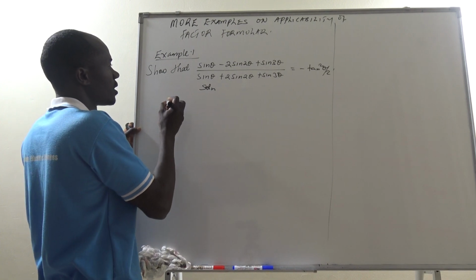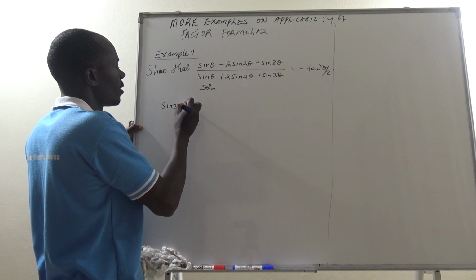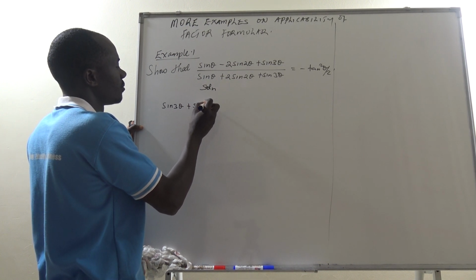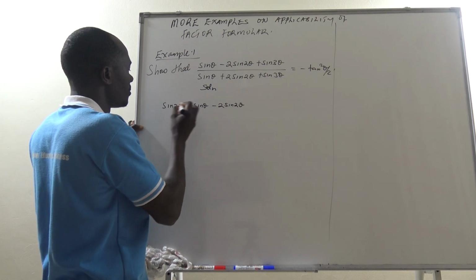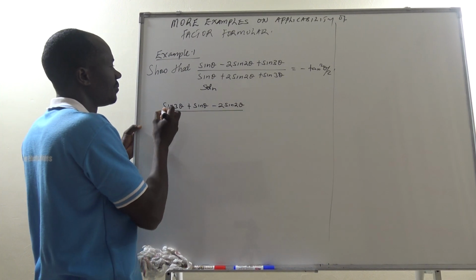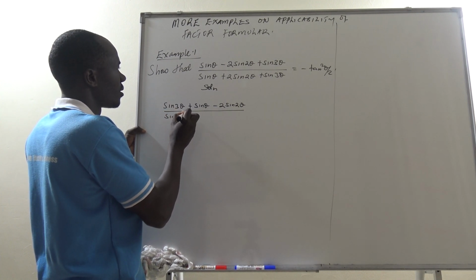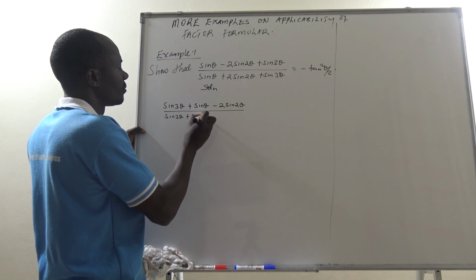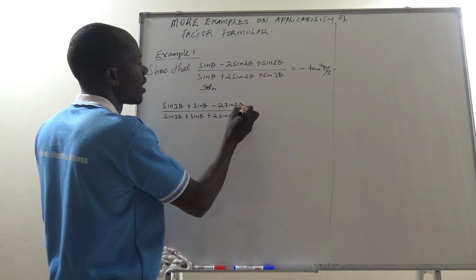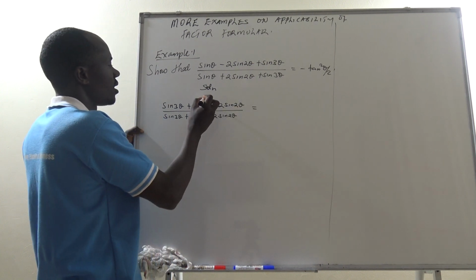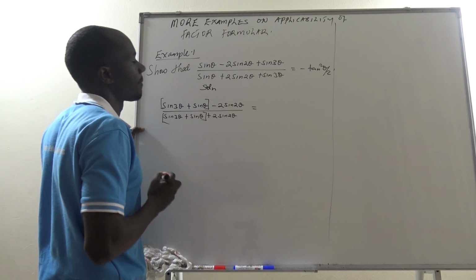This becomes sin 3 theta plus sin theta minus 2 sin 2 theta, all over sin 3 theta plus sin theta plus 2 sin 2 theta. Here we are going to apply the factor formula.